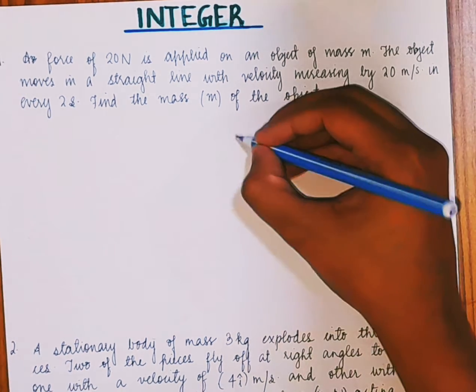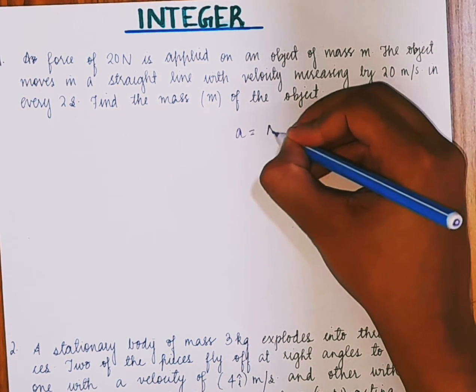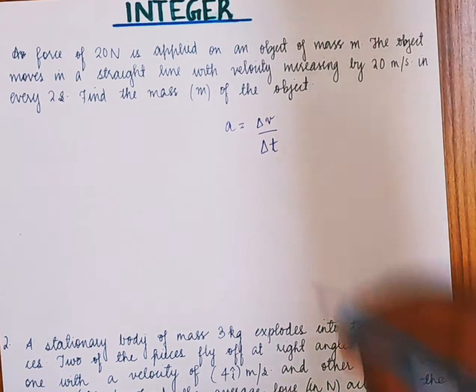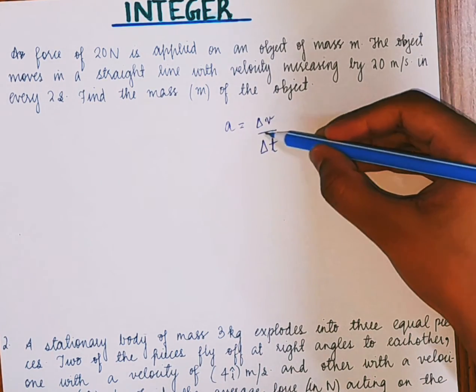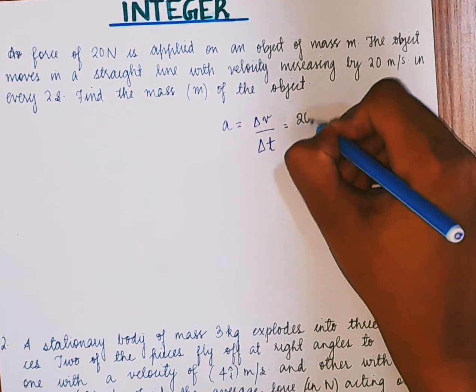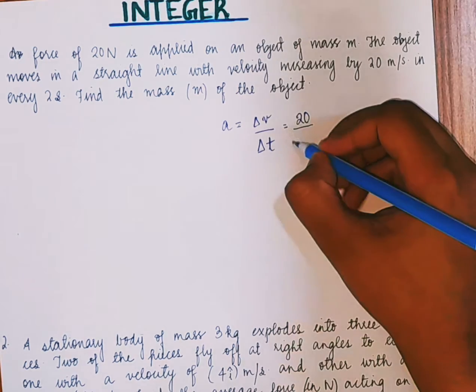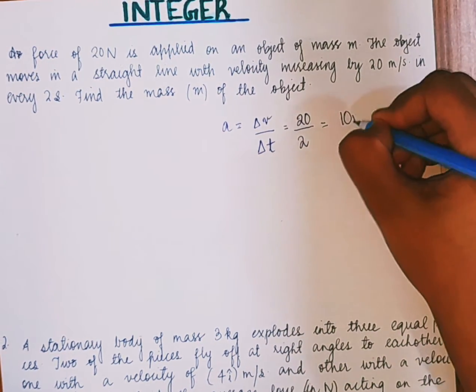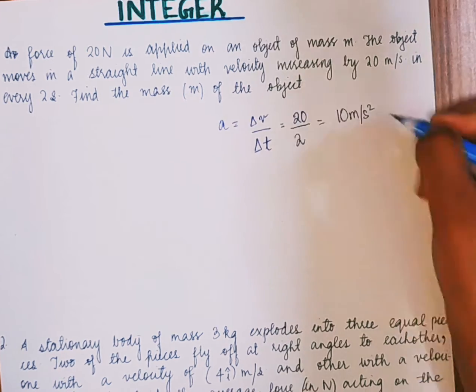That is, acceleration a will be equal to delta v by delta t, that is change in velocity by change in time. Here velocity is 20 meter per second and time is 2 seconds. So we get the acceleration as 10 meter per second square.